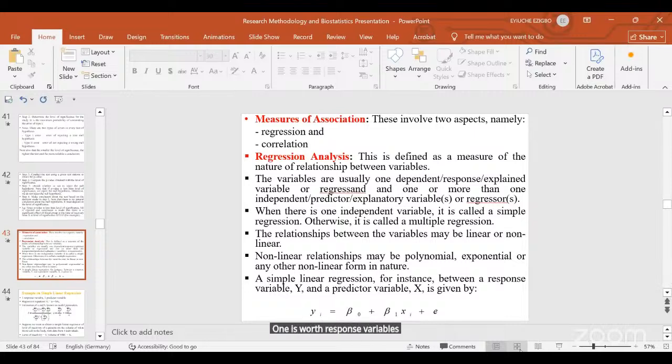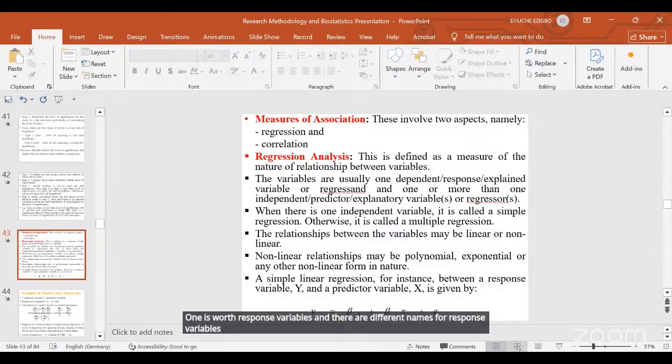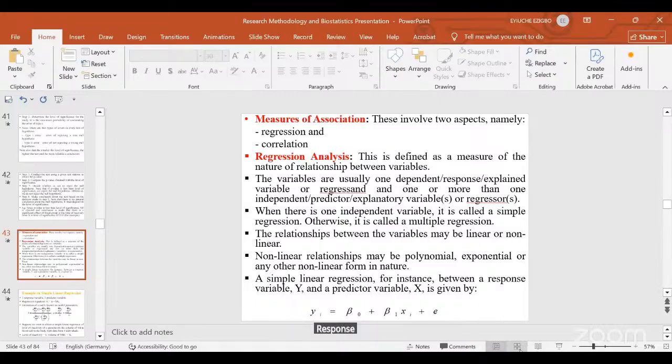There are different names for response variables. Response variables can as well be known as dependent variables. They can as well be known as predicted variables.